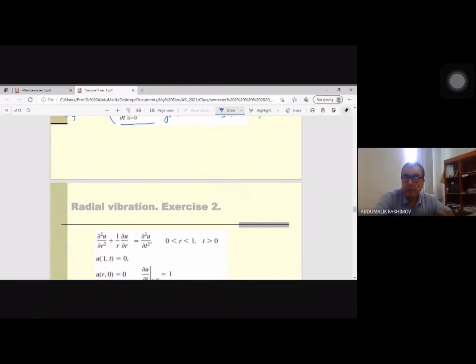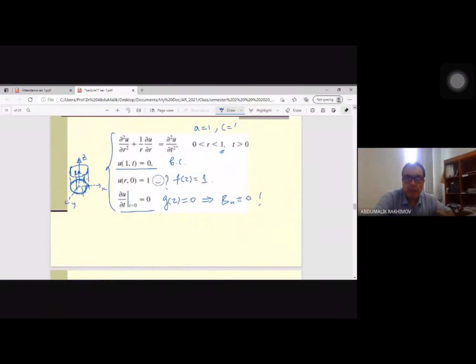Okay, what is the solution? We don't have space to write the solution. We already have the solution formula, right? The only thing we need is to see what the solution will be. U(r,t), right?